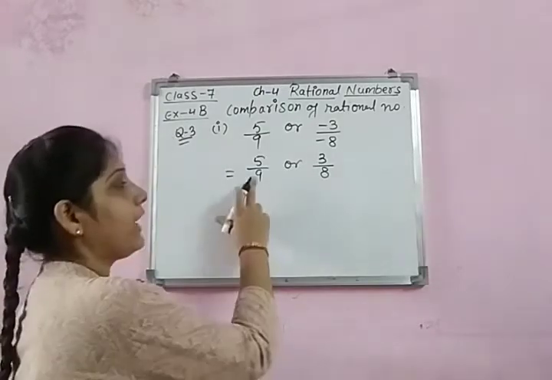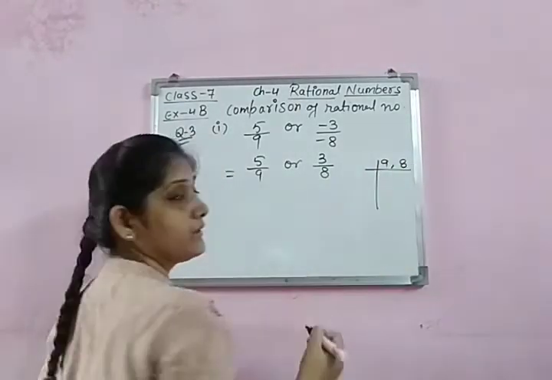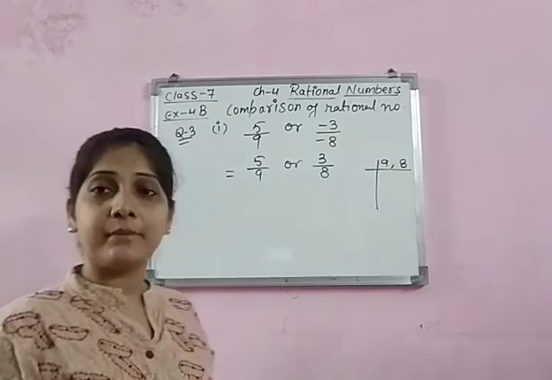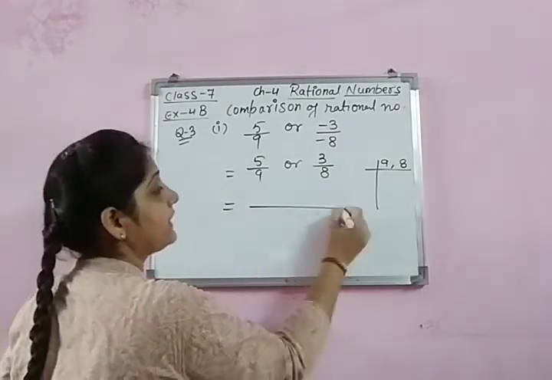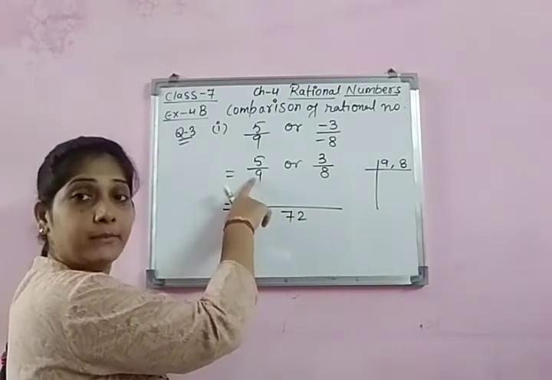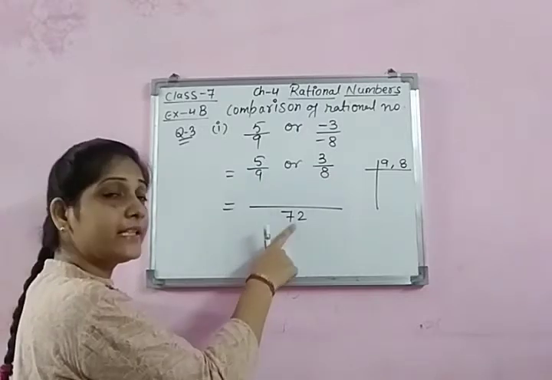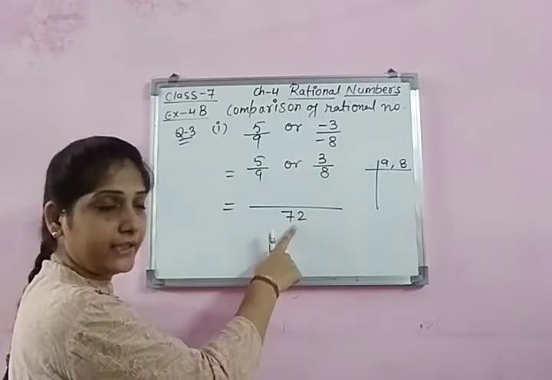For that you have to take the LCM of the denominators, 9 and 8. And both come in separate tables, so their multiplication will be their LCM. So 9 8s are 72 will be the LCM. Okay. Now divide by the denominator. Divide this by 9. In the table of 9, when does 72 come? 8 times.